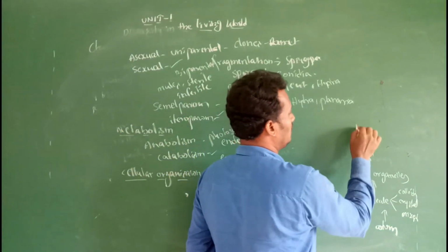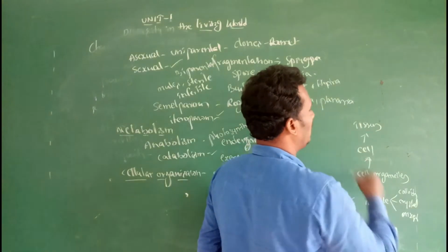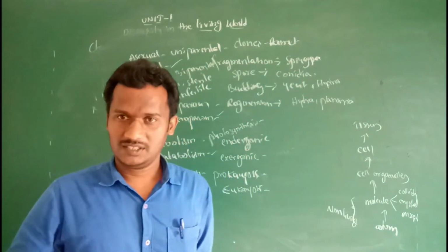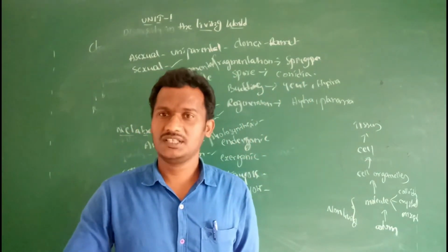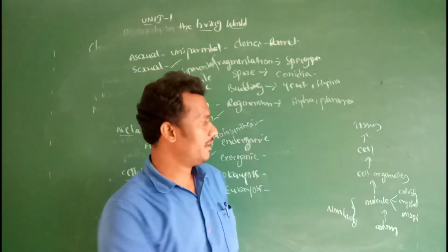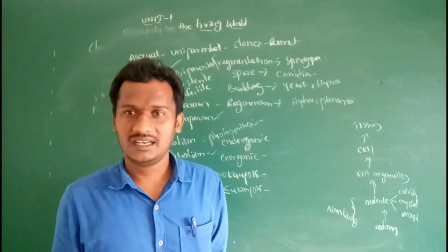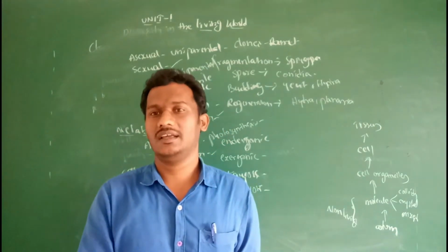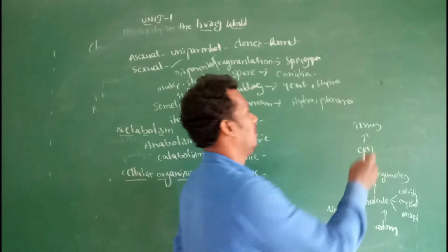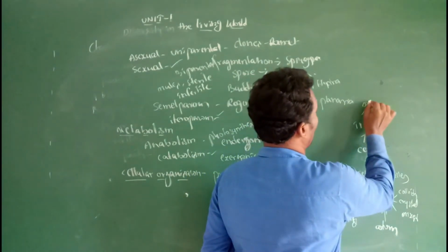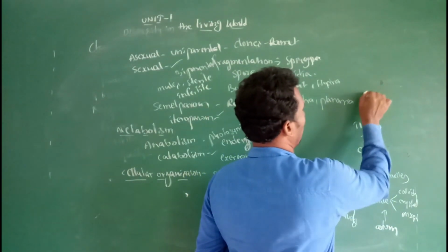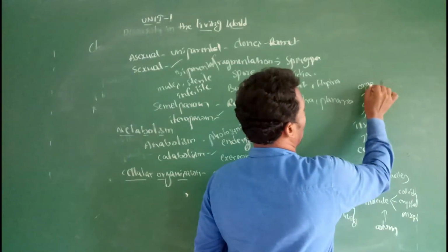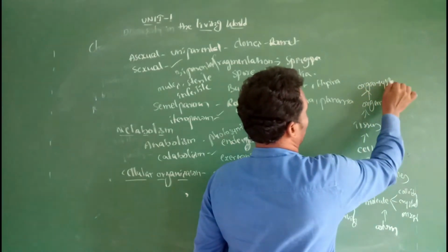Next one, tissue. A group of cells with similar structure, similar origin and similar function is known as a tissue. In a tissue, these similar cells work together. Next, tissue to organ, then organ to organ system.